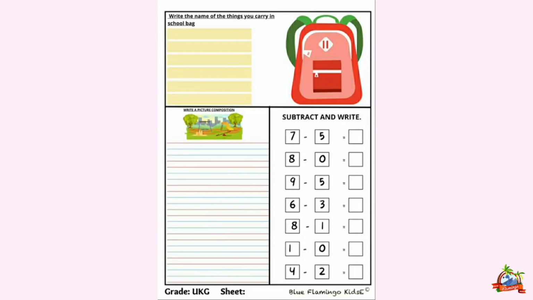O for owl. P for parrot. P for penguin. Q for queen. Q for quilt. R for rabbit. R for race.